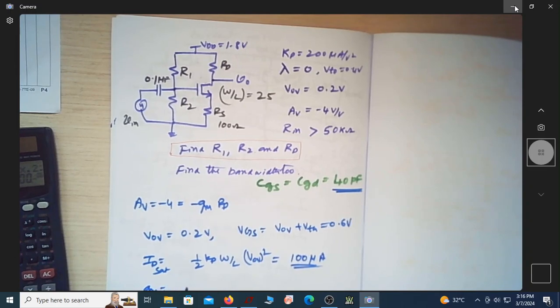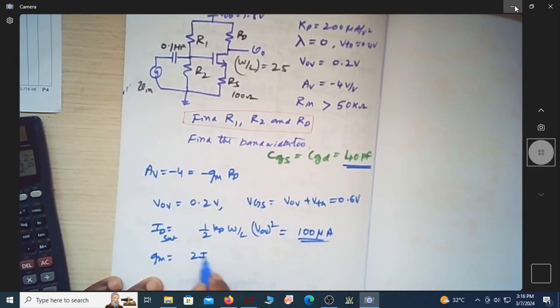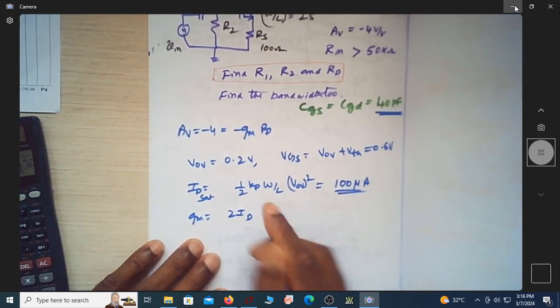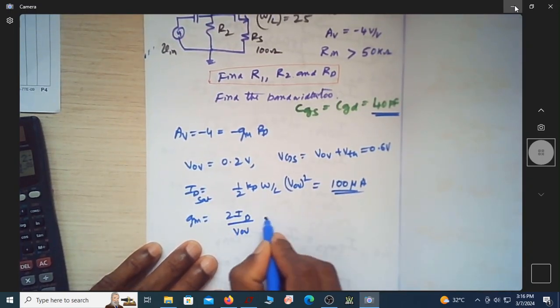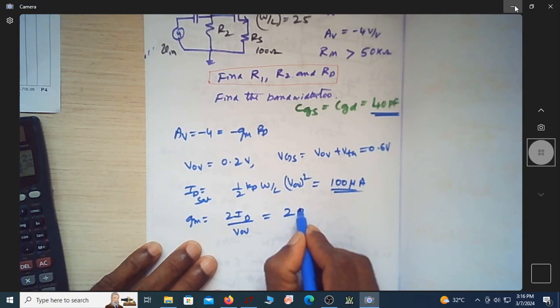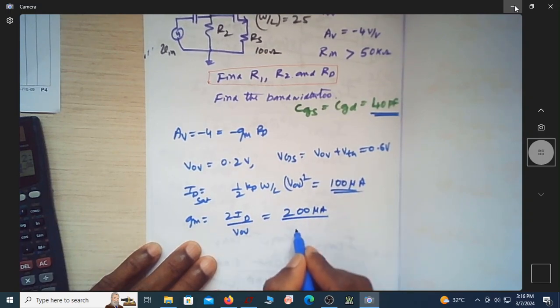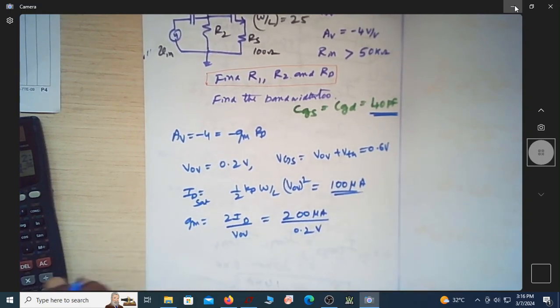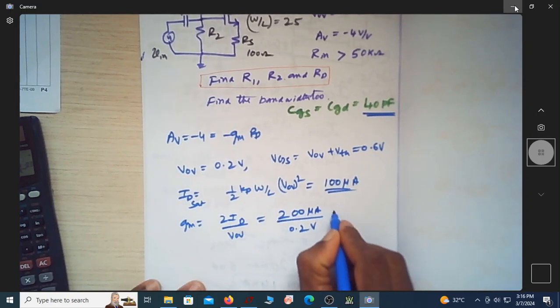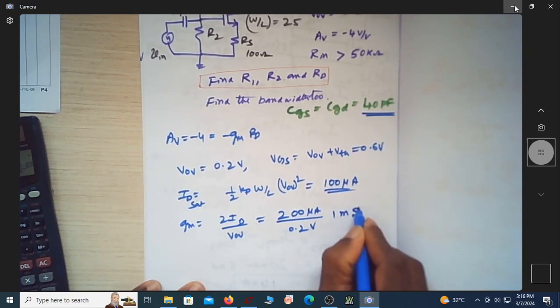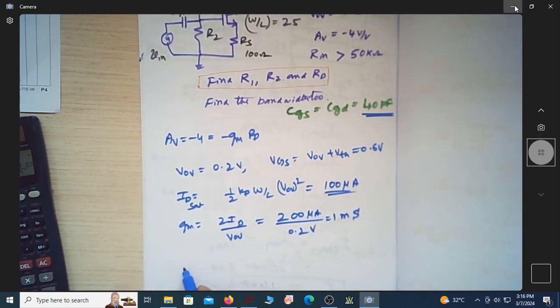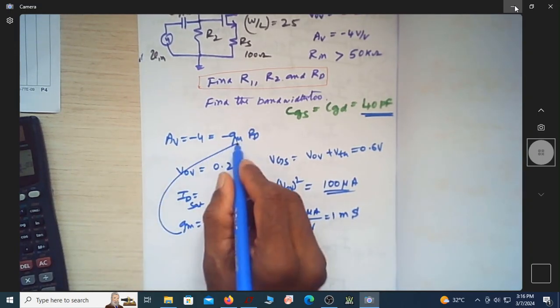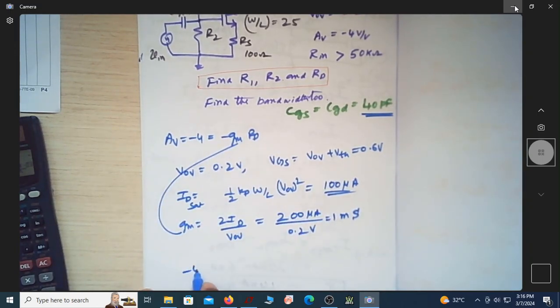GM is 2ID by VOV, which is nothing but 200 microampere by 0.2 volt, which is now 200 into 10 to the power minus 6 by 0.2. So it is now 1 millisiemens.